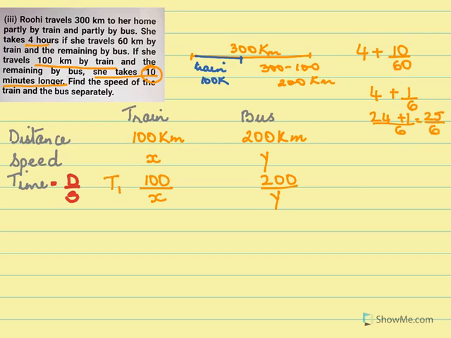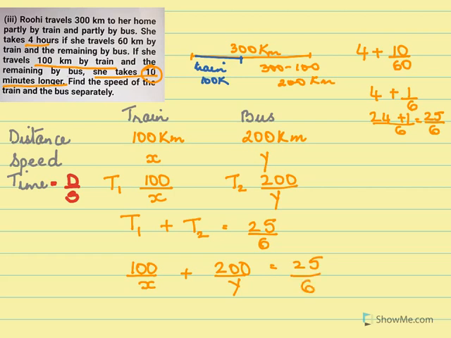So time 1, that is by train, plus time 2 is the total time. So T1 plus T2 is 25 by 6. T1 is 100 by x plus 200 by y equal to 25 by 6. To make things easy, I'm going to cross multiply.